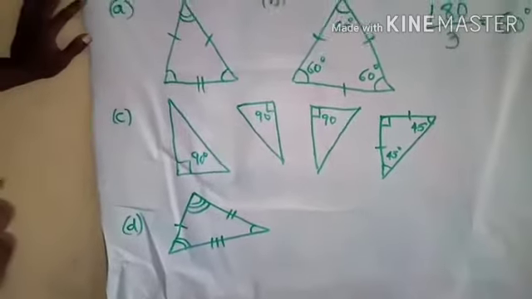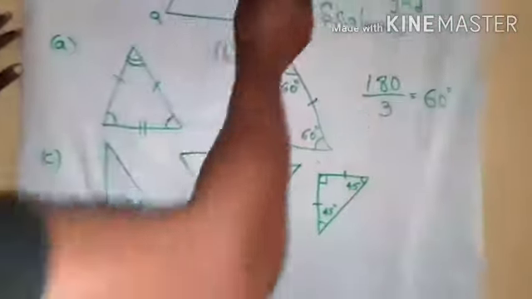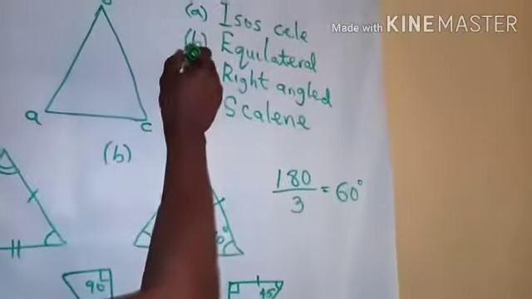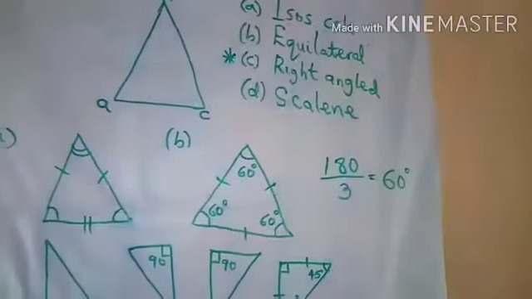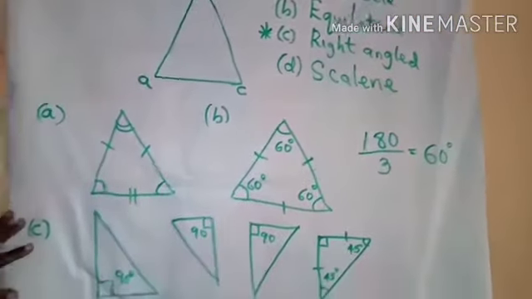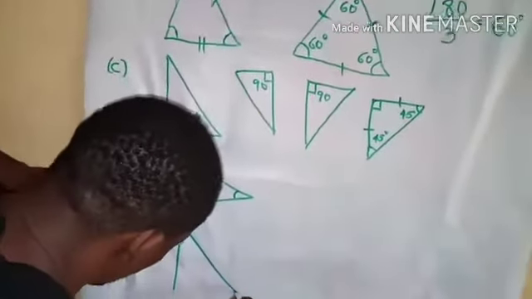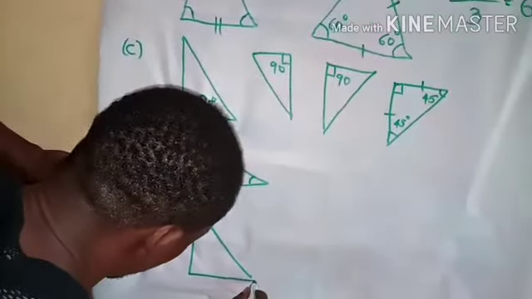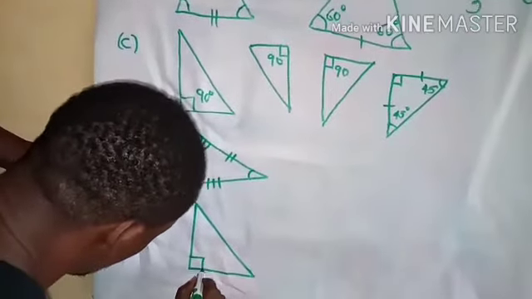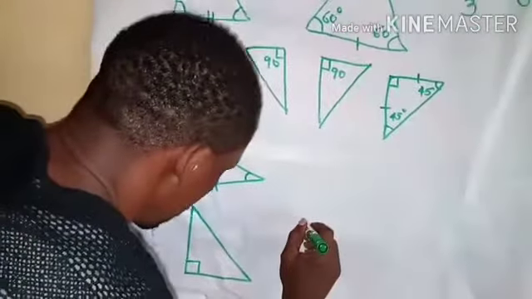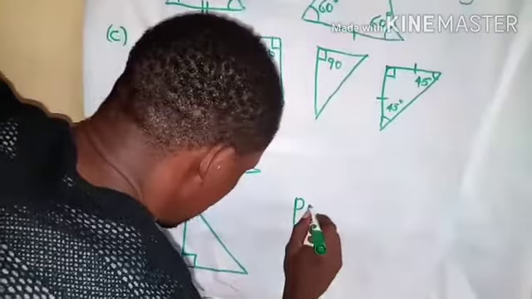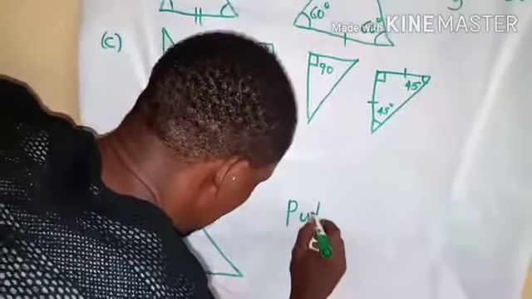So we're going to pick right angle triangle. Why is the right angle triangle different and why does it stand out? Right angle triangle problems can be solved by Pythagoras theorem.